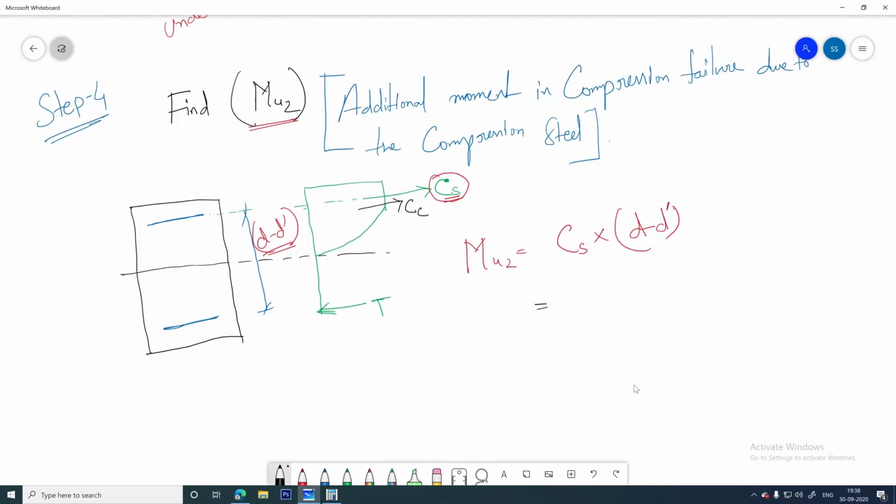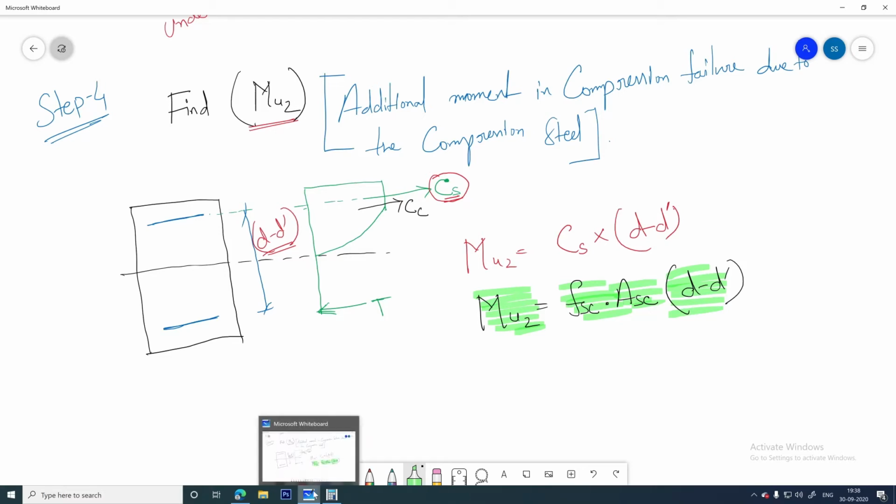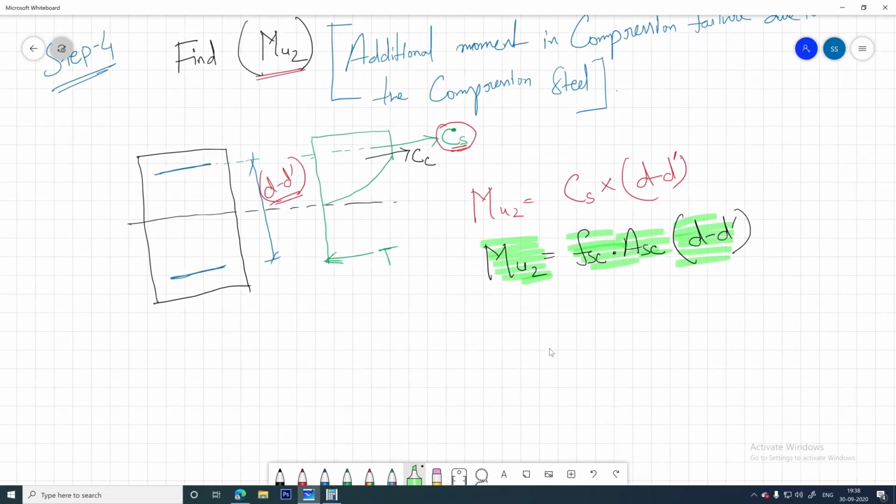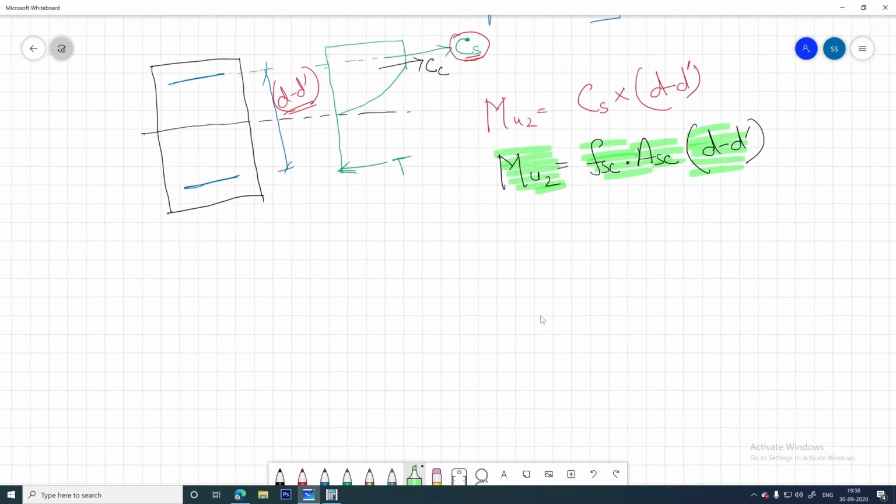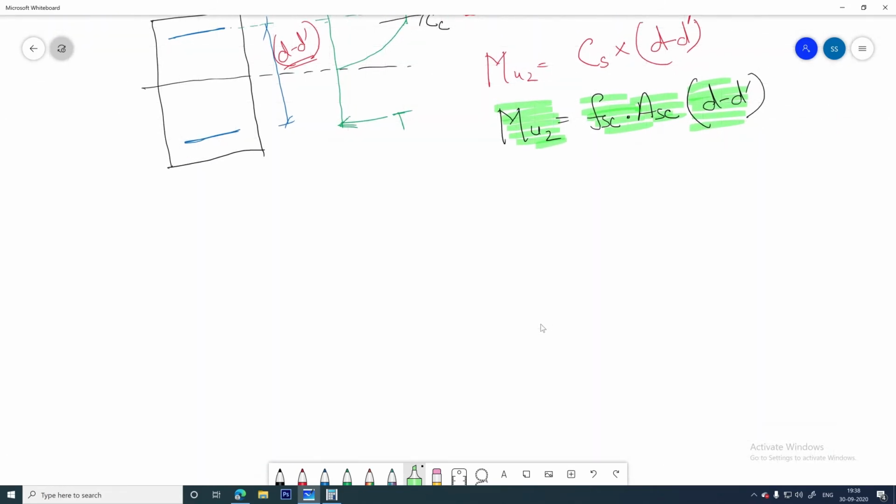So we can write here FSC into ASC into the lever arm d minus d dash, and that is equal to Mu2. This is step number 4, and then we can write the total moment in concrete failure in step number 5.